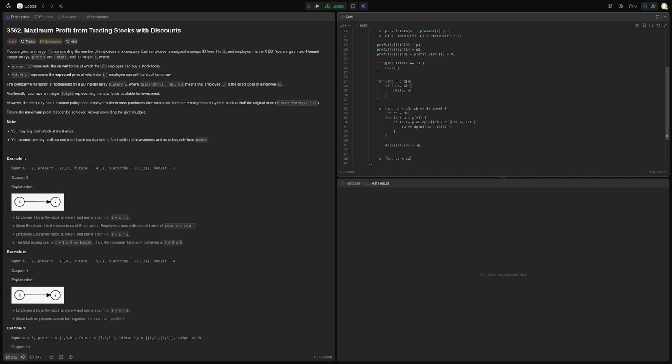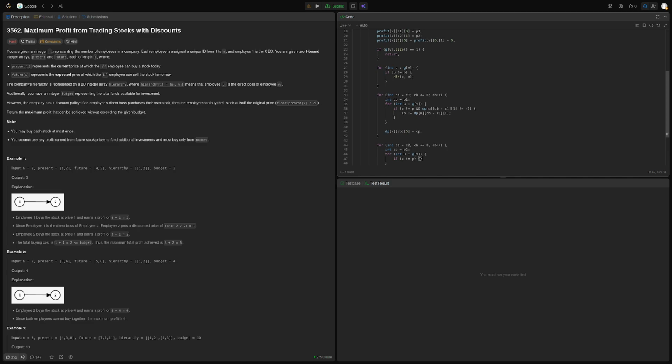current budget is C2, current budget, current profit, profit 2, we go over the children because this is absolutely the same, whatever.